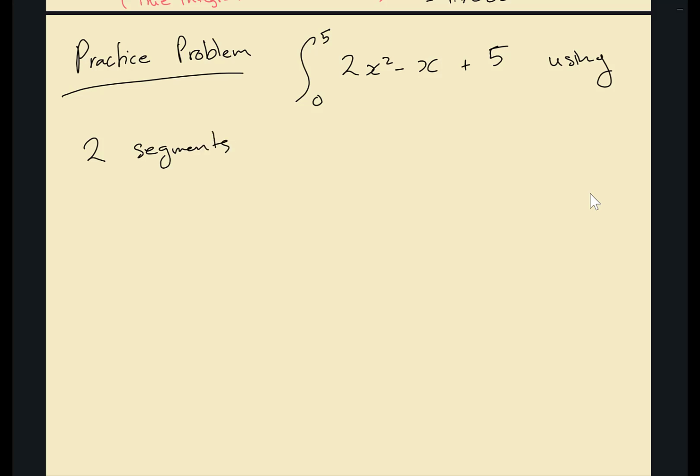Once you've done that, also estimate the error using the equation that we just used.